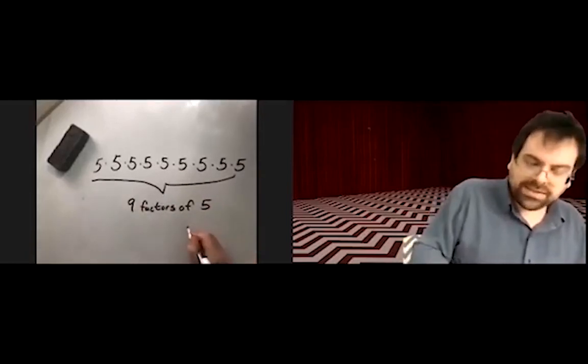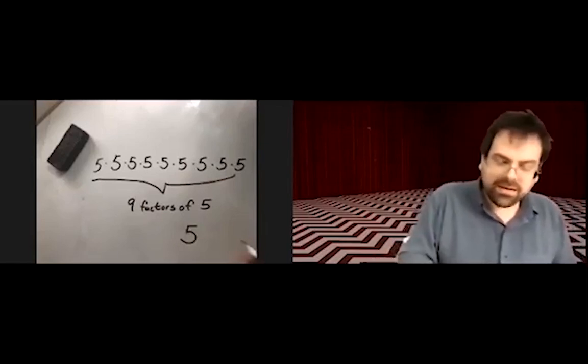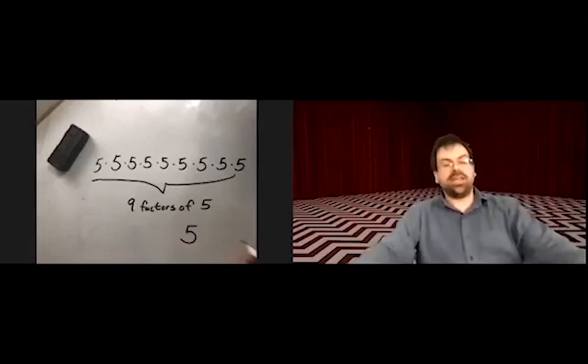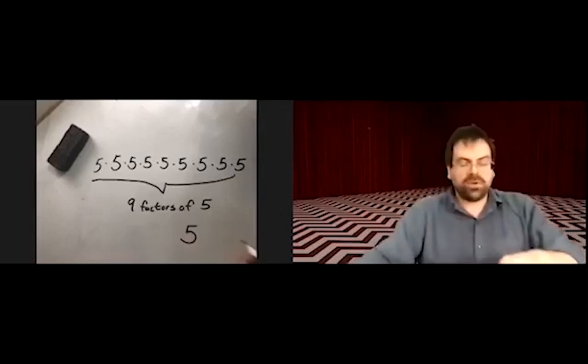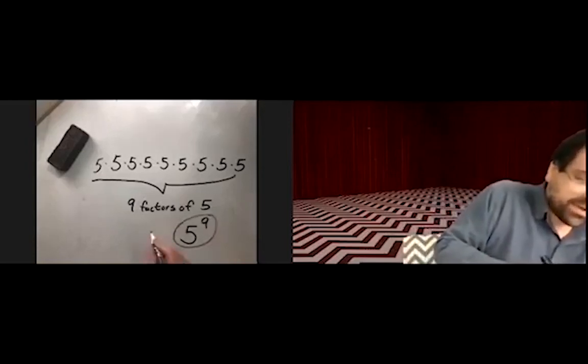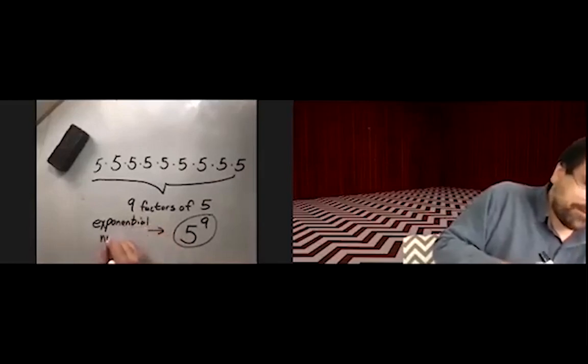Well, the base would be 5 and the exponent would be 9. So we've taken something written in standard notation and we've changed it to exponential notation.